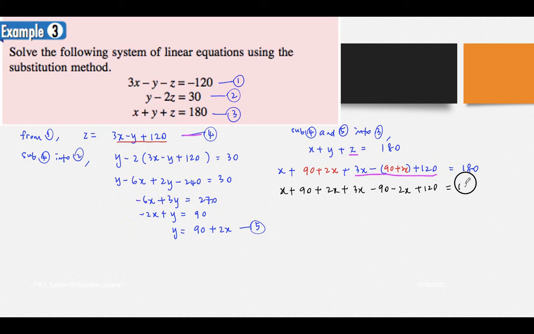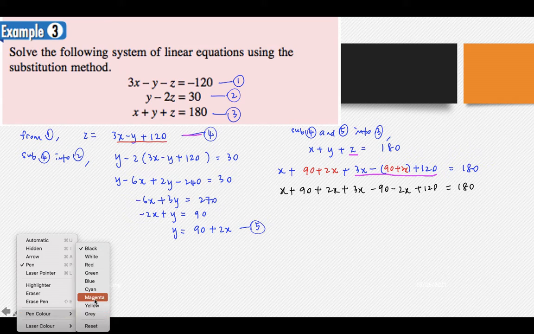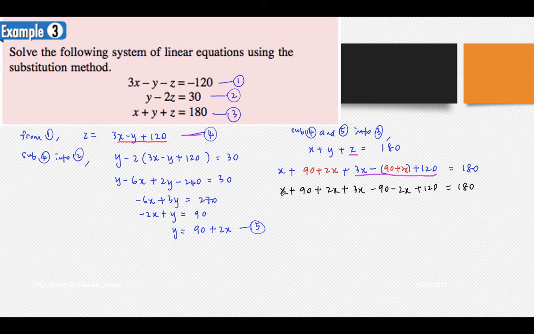Salin balik. So ini x dengan x dengan x. So ada berapa x? Then just buatlah. x 1 tambah 2 tolak 2. 1 tambah 2 tambah 3 tolak 2. Ini tambah 2 tolak 2 habis 1 tambah 3, 4. Okay, jadi sini 4x.